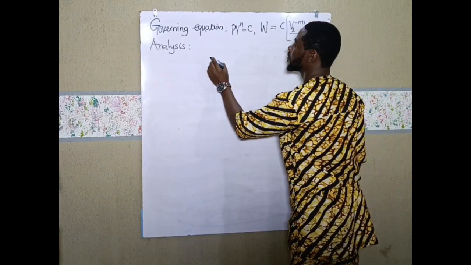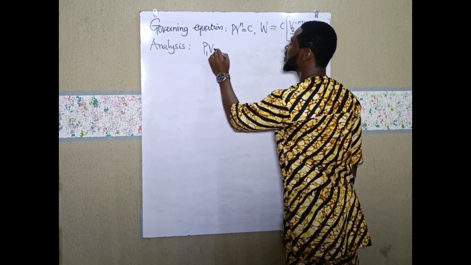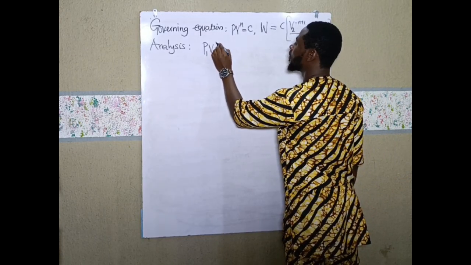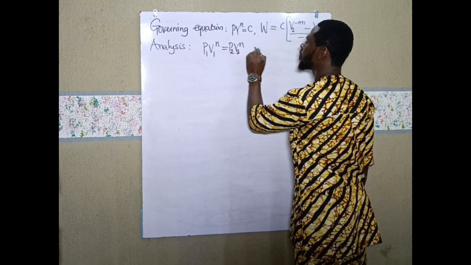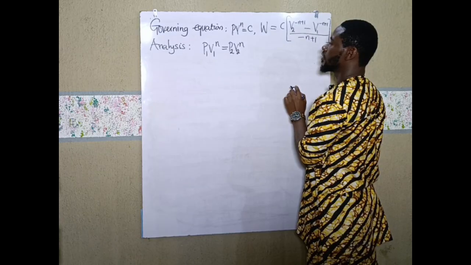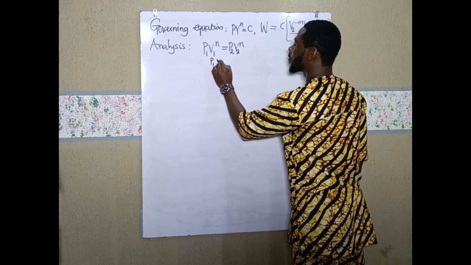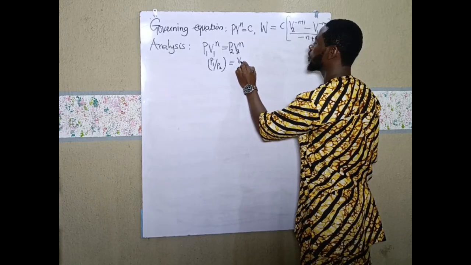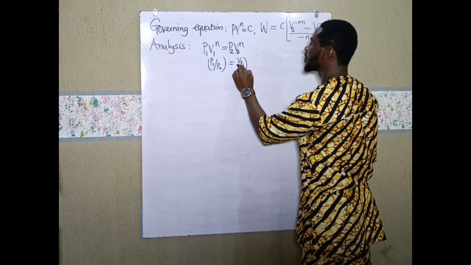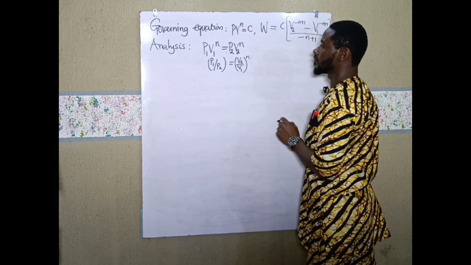Going by this relation, generalizing it becomes P1 V1 raised to the power of n equals P2 V2 raised to the power of n. Therefore, P1 divided by P2 equals V2 divided by V1 raised to the power of n.